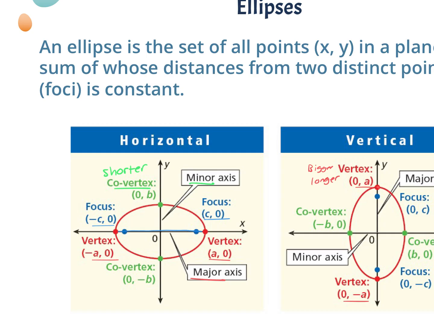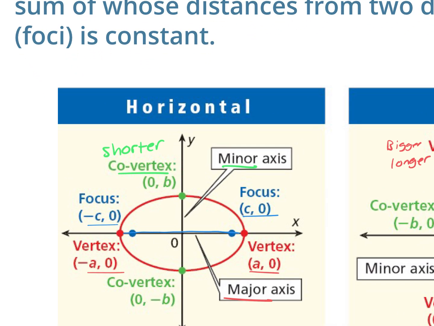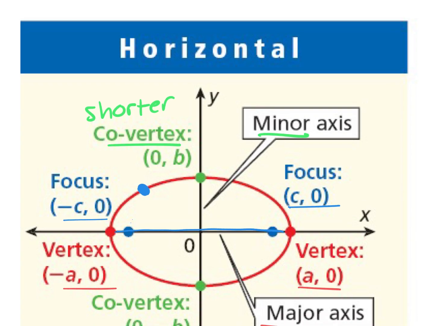In an ellipse, again, you don't need to get hung up on the definition, but if I pick a random point on the ellipse, like let's say a point right there, and I choose the distance between that point and each focus, the sum of those two distances is going to be the same number for every single point on the ellipse, right?